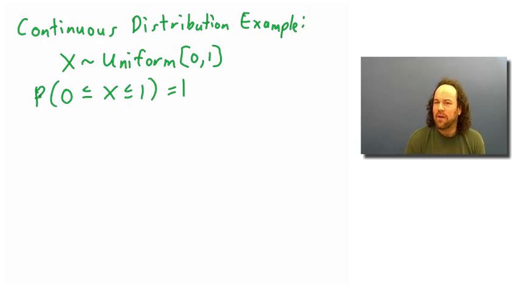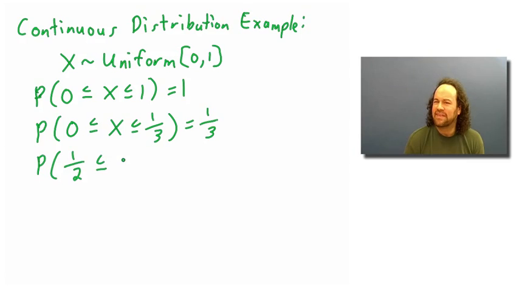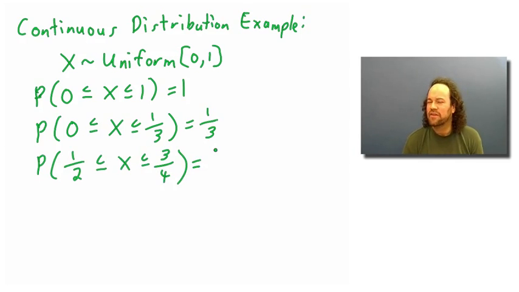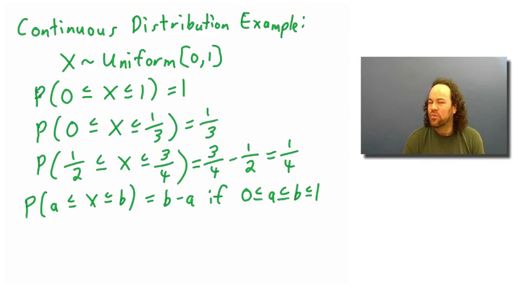For example, the probability that this random quantity is, say, between 0 and a third, well, that should be a third because that's the length of that interval. Or the probability it's between, say, a half and 3/4 should be 3/4 minus a half, or a quarter, because that's the length of that interval. And in general, the probability that it's between any two numbers a and b should be equal to b minus a whenever a and b are within the interval.